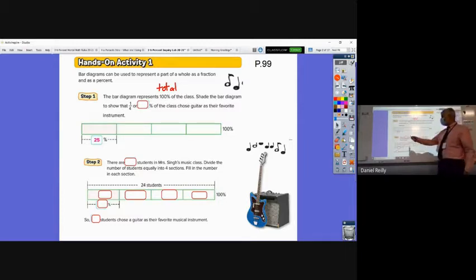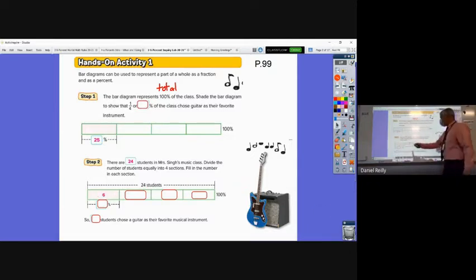Well, then I'm going to use a strip to represent all the students in the class. That's 24 students. Okay, so there's 24 students in Mrs. Singh's class. And I'm now going to divide that number of students into 4 equal parts. So 24 divided into 4 equal parts means that each part is how many students? Roman? 6, correct.